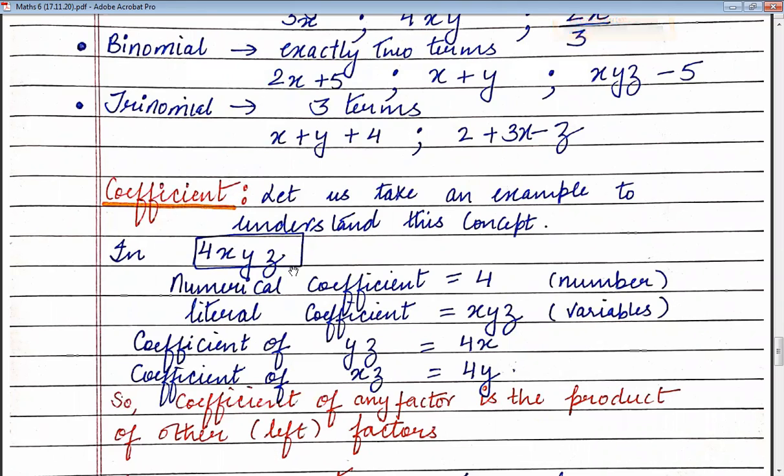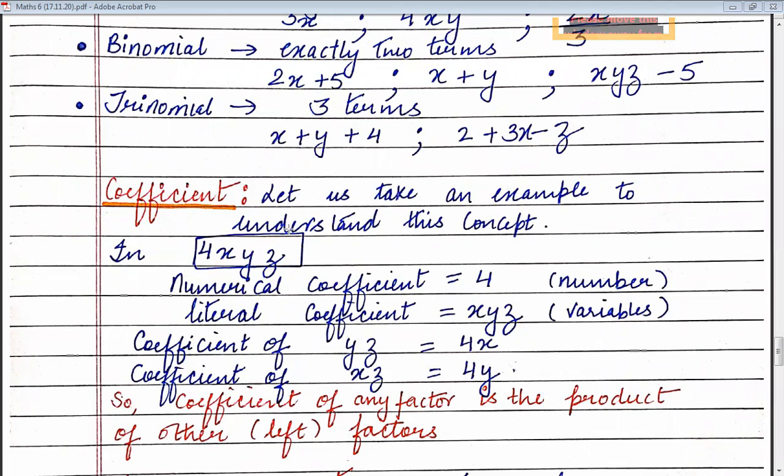Is it trinomial? Is it binomial? Or is it monomial? In this question, children, you have only one term. How many terms do you have? Only one. That is 4xyz. So this is called monomial.